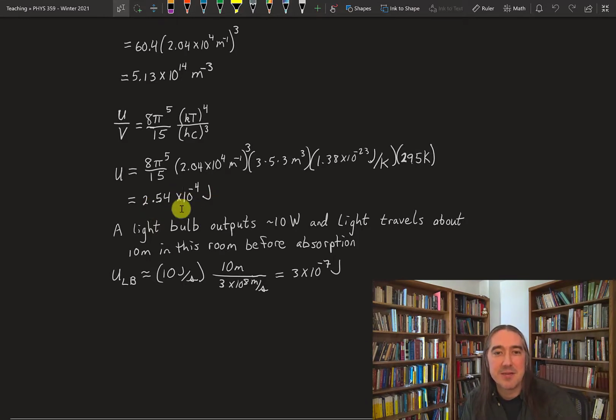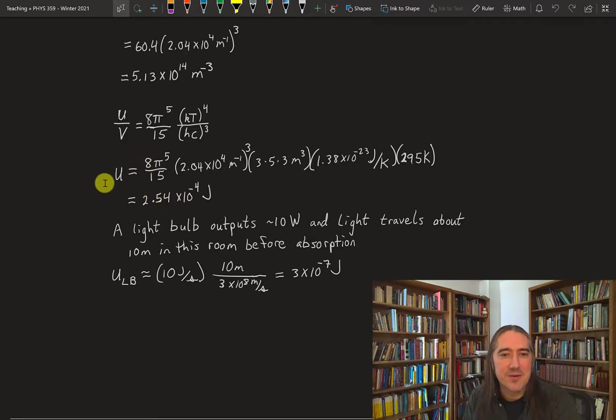This is 10 to the minus 4 joules. Oh, there's a 3 out front. So it's the energy to raise something that's 30 grams by 1 millimeter. This is not a lot of energy.